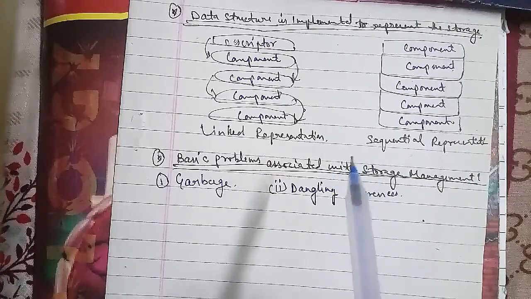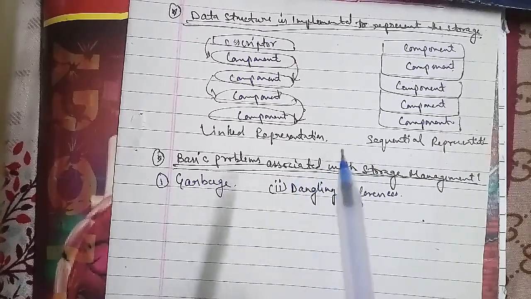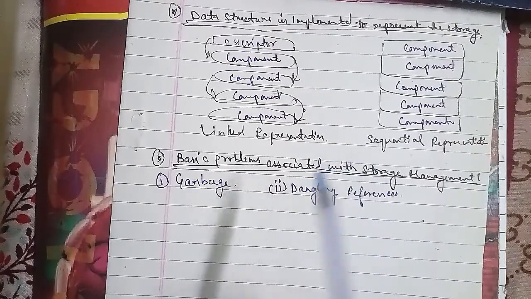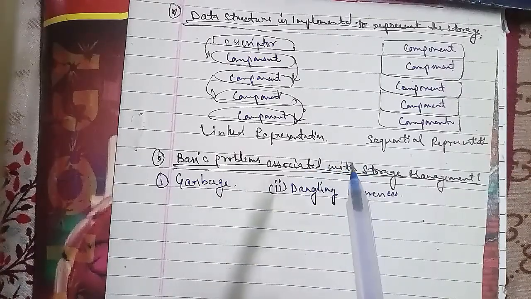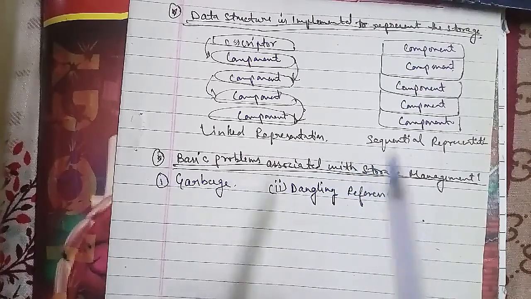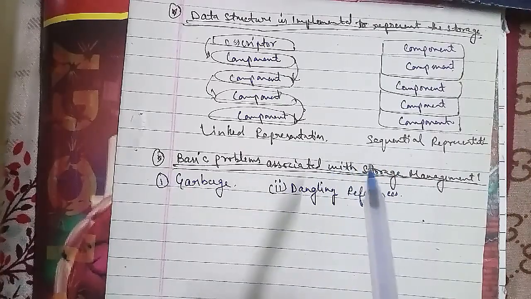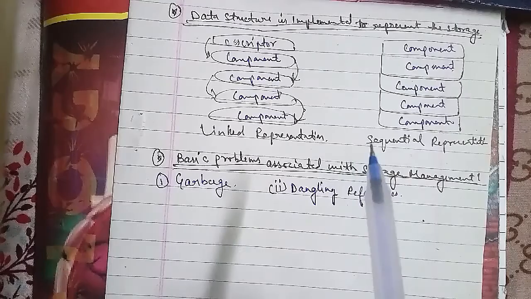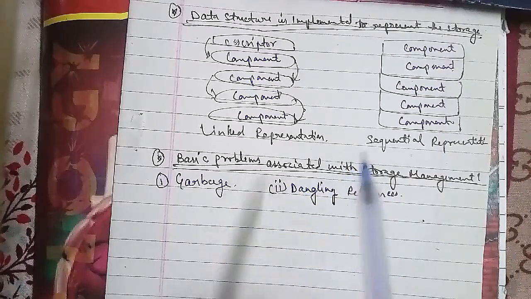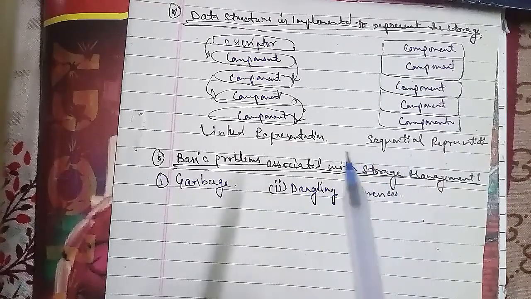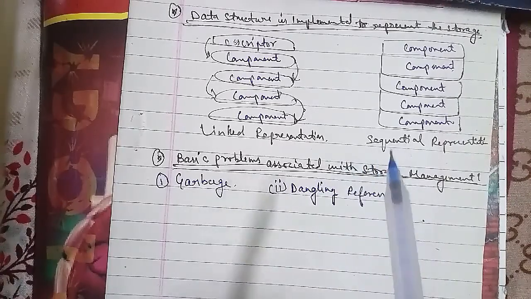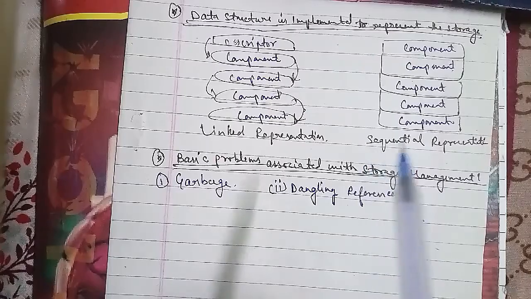Dangling references are particularly a serious problem for storage management because they may compromise the integrity of the entire runtime structure during program execution. For example, an assignment to a non-existent data object via a dangling reference can modify the storage already allocated to another data object of an entirely different type, thus violating the security of the type checking structures.